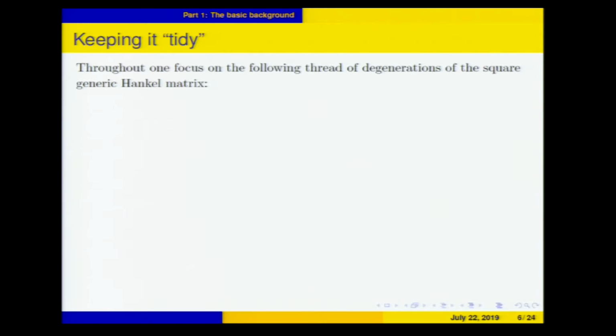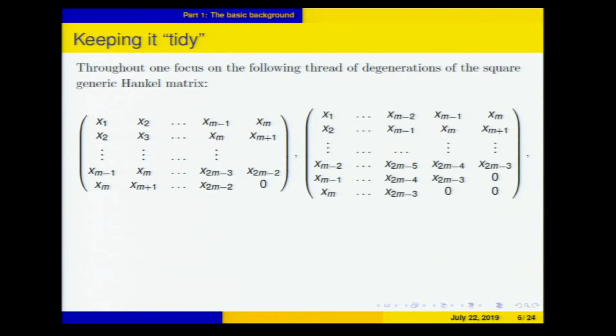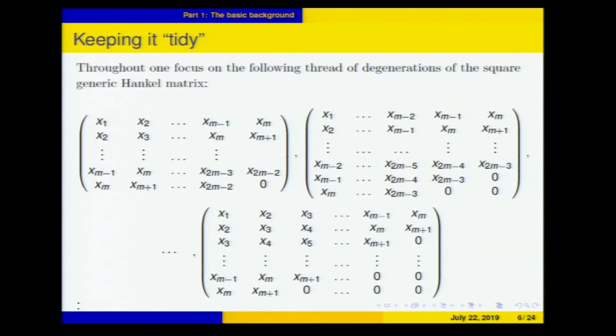Now, tidy. By tidy, I mean that I'm going to organize the degeneration in an apparently special case, putting zeros like this, or like this, or like this. So always on the right, in the lower corner.